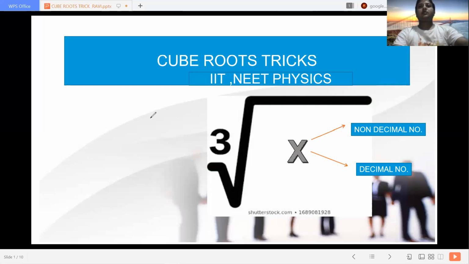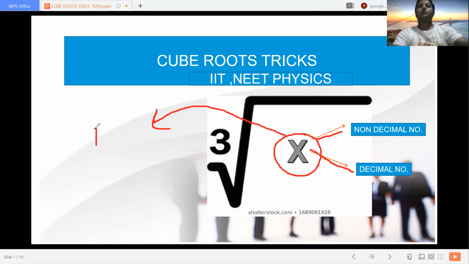Let us find cube roots by using some tricks for IIT NEET Physics. For any number, whether a decimal number or not, that may be a perfect cube or not a perfect cube.